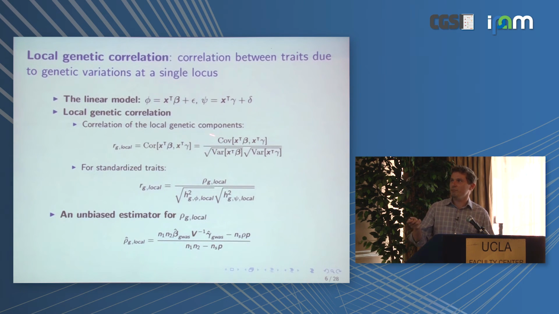You can write down the math, and you get an estimator very similar to what we had before, except that now I have effect sizes from GWAS for trait 1 and effect sizes from GWAS for trait 2. And the most interesting quantity here is that you need the LD to decouple this induced effect size from the true causal effect size.